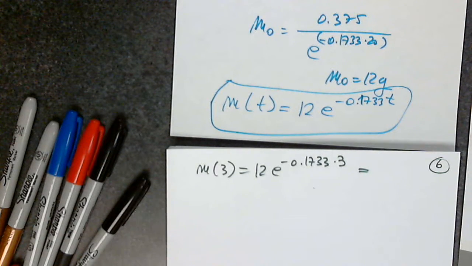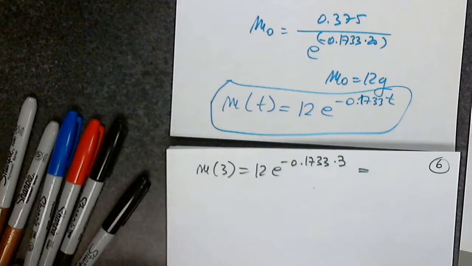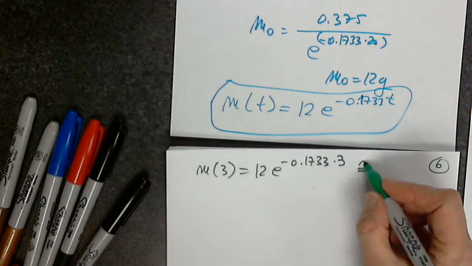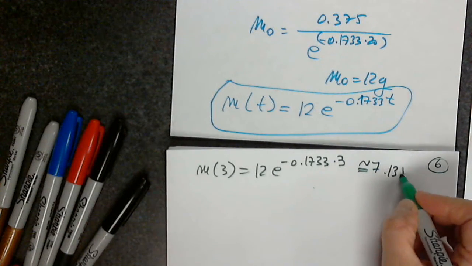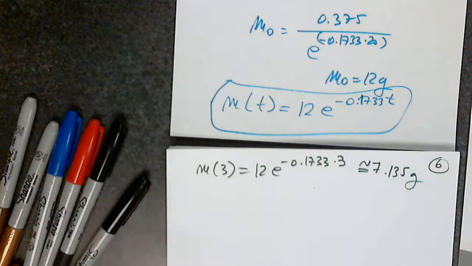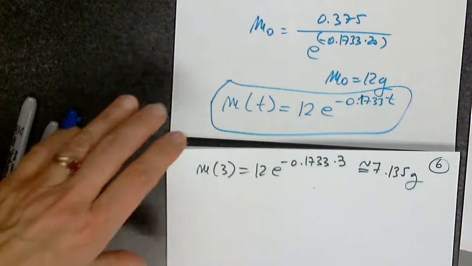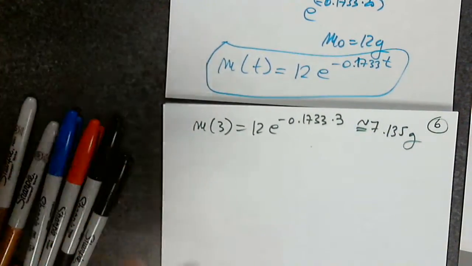And I get 7.135 approximately. 7.135 grams. After how many days will only 0.15 remain? Sorry. After how many days will only 0.15 be left from the initial 12 grams?